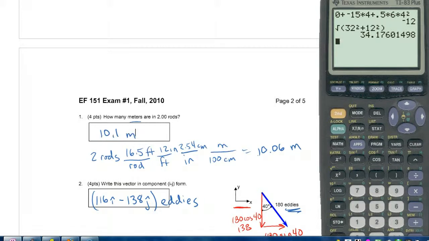I think I typed it in as I was doing something else. 10.1 meters and 2 rods. A rod was 16.5 feet. So 2 rods, about 32 feet. So 10 meters sounds pretty good for that. 33 feet. Okay, we'll wrap it up there.